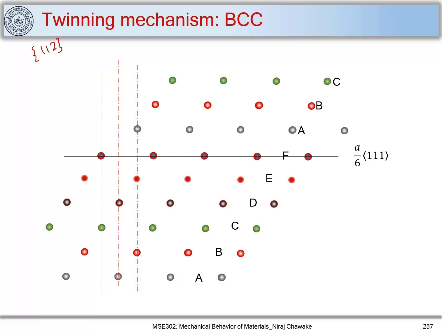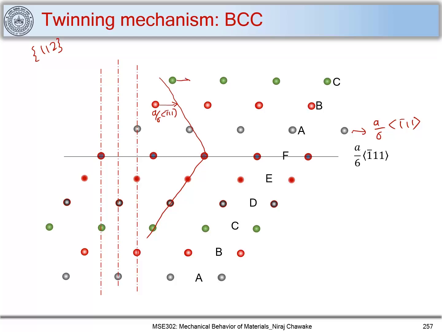So here you can see clearly, let me mark that here. If I try to connect this, we have moved this A layer by 1 unit of a/6 [-1 1 1]. Now if I move another layer here, that will be a/6 [-1 1 1] also.